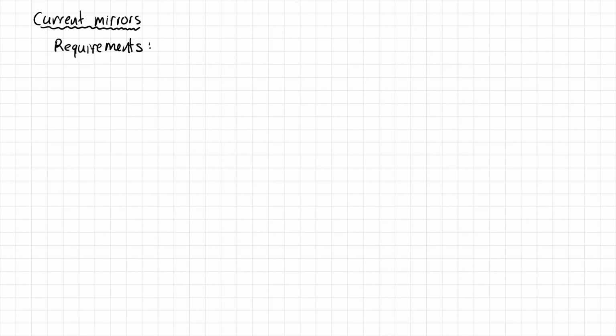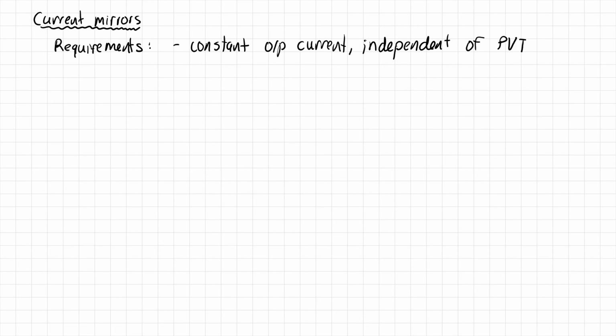It needs to have constant, let's fix that, constant output current, independent of process voltage and temperature variation. We call this PVT.